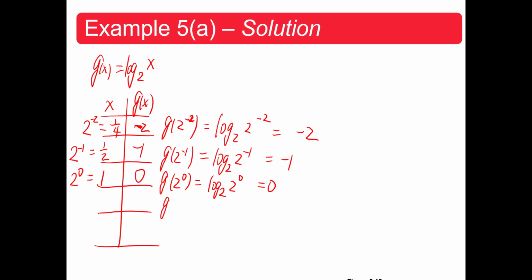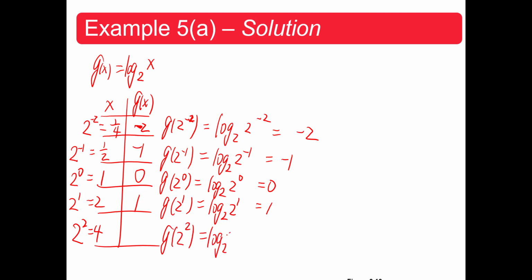Then 2 to the first equals 2, so g of 2 is log base 2 of 2 to the first, that's 1. The last ordered pair is 2 to the second, which equals 4, and g of 2 to the second is log base 2 of 2 to the second, which becomes 2. We get all these ordered pairs, so then we can sketch this. We start with the exponential function first.